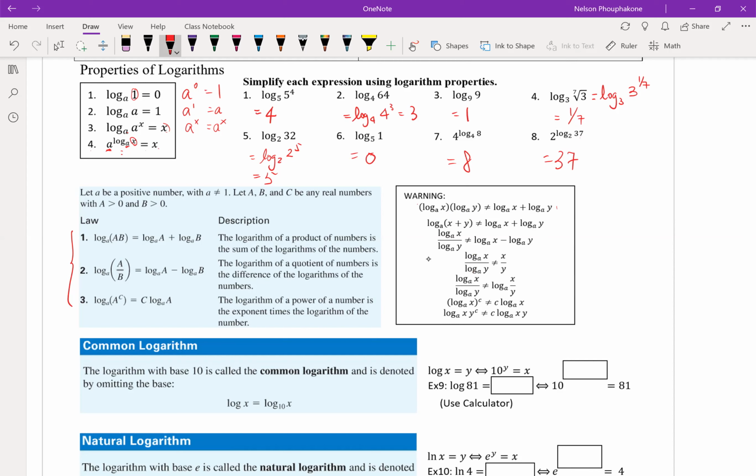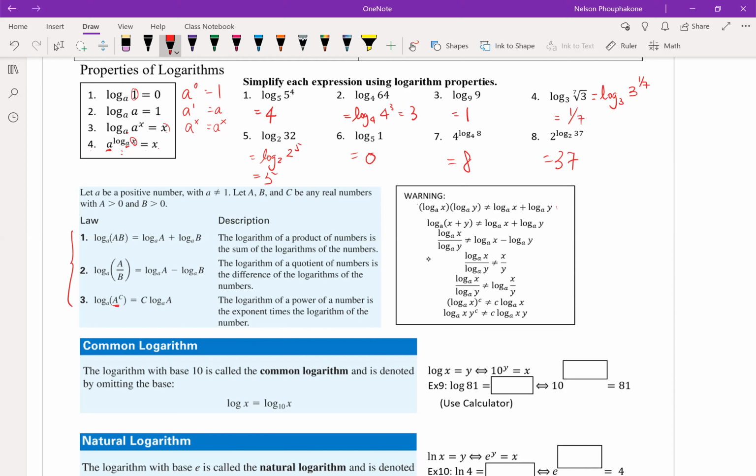Now to this one, how come I could not bring the c to the front? You have to notice what is the difference. This one right here is the whole log base a of x, the whole thing raised to the power of c. In fact, to this one, we only have a raised to the power of c, right? And to this one, same thing, because this one right here is not xy raised to the power of c, only y raised to the power of c.